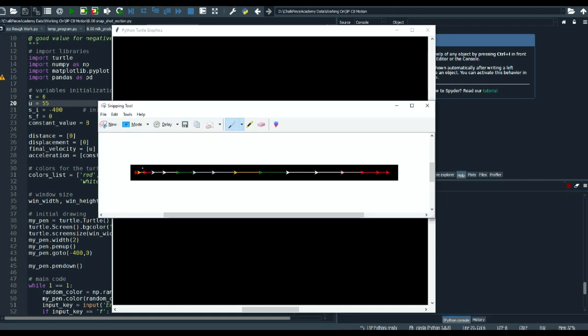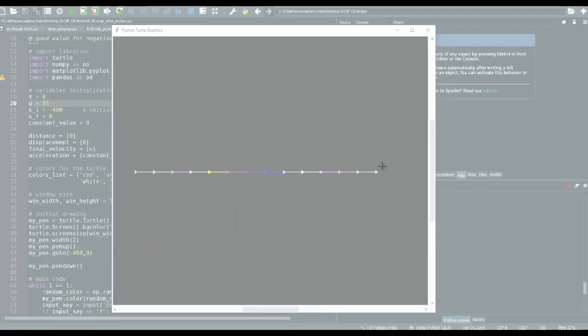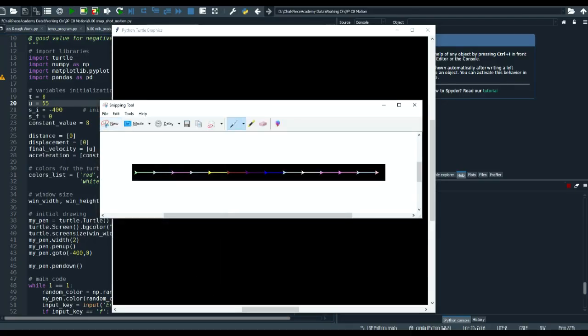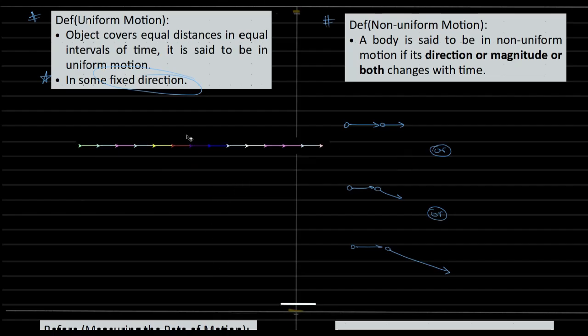Let me copy this. This is an example of uniform motion. If you take a scale and measure this, it depends on the screen size, right? For me, it is around, I'm guessing, 3 centimeters. So all these are 3 centimeters long.